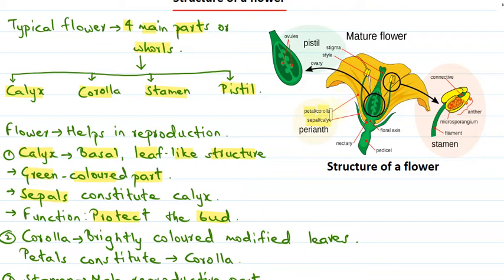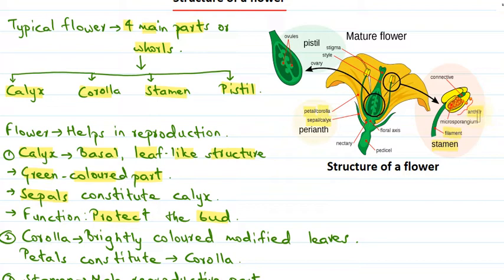Then we studied the stamen. Here we can see the stamen is the male reproductive part of a flower, and it consists of an anther and a filament. The anther contains pollen grains.